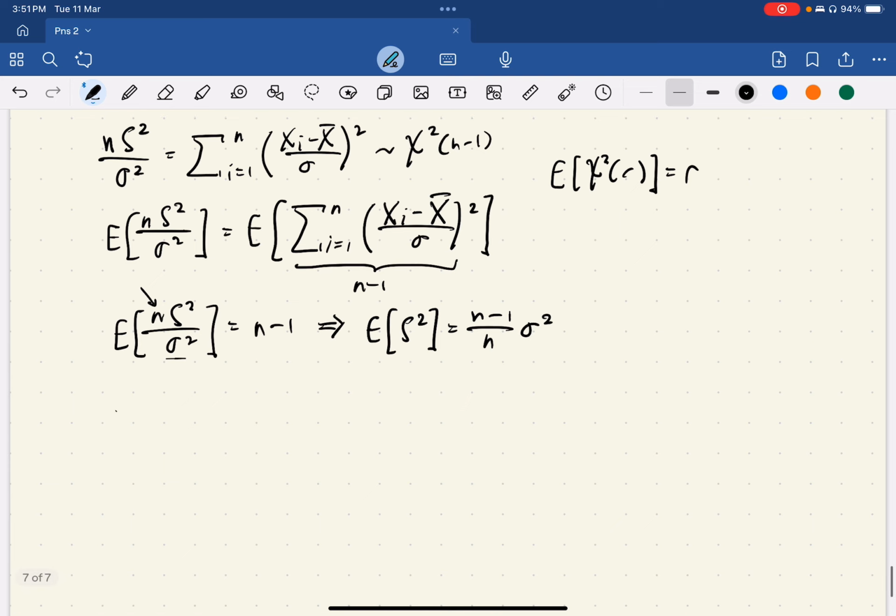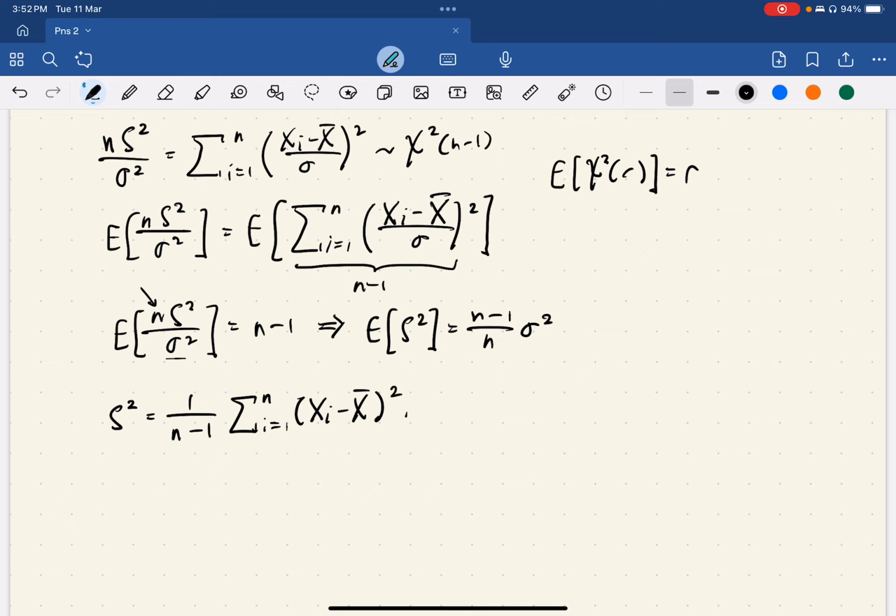That is, you state S squared as 1 over n minus 1 times the sum of i from 1 to n of (xi minus x bar), and then we square this.